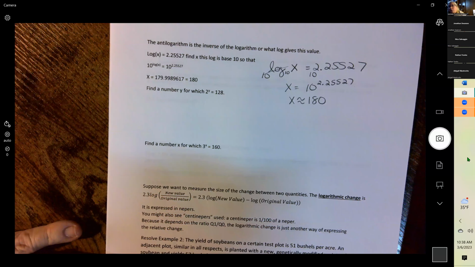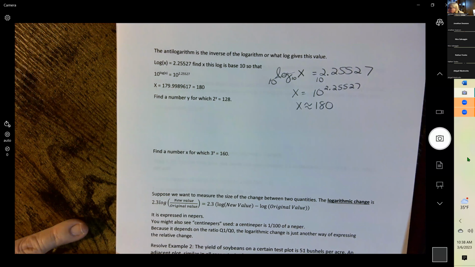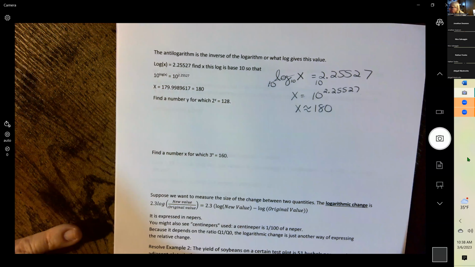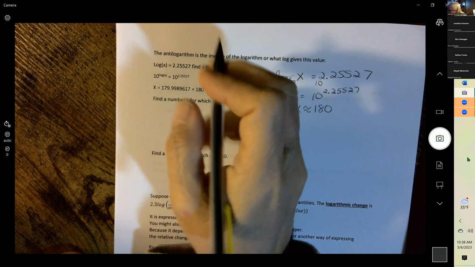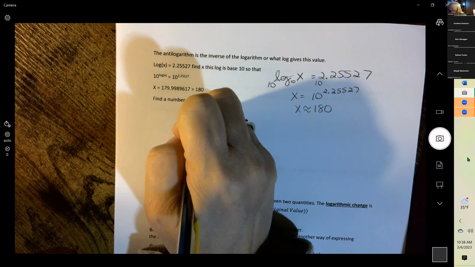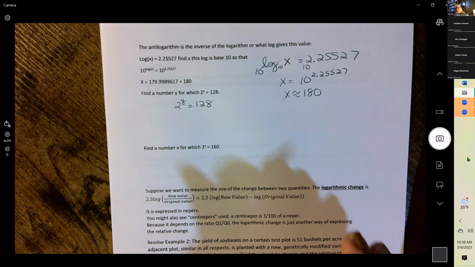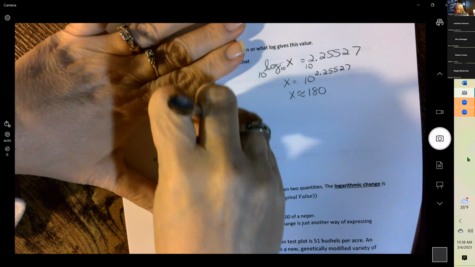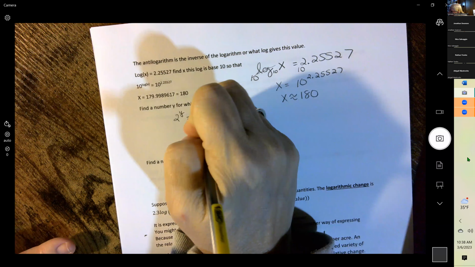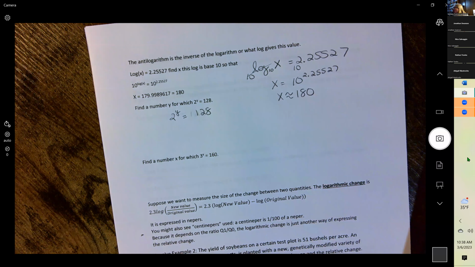So if we look at this one, I don't know why they went from that to these, but for these ones, remember the formula?